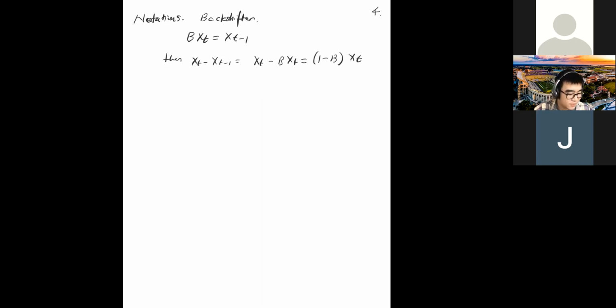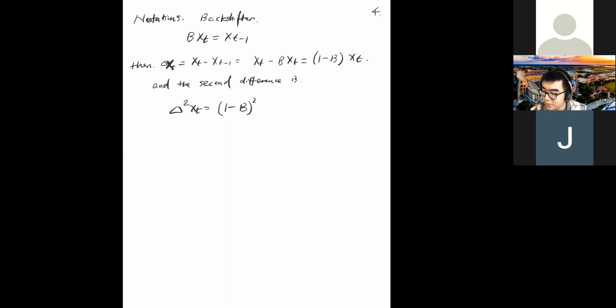So this is the first difference. Let's call this delta xt. Then for the second difference, we will use the notation delta squared xt, which is equal to 1 minus B squared xt.